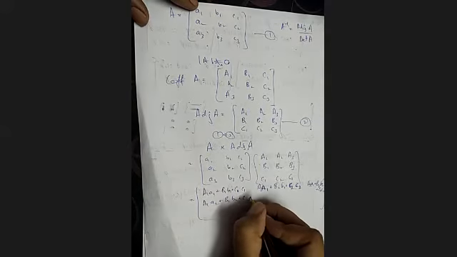Then row into column: capital A3 into A1, capital B3 into B2, capital C3 into C1. Then again rows into columns: A2 into A1, plus capital B1 into B2 plus C2 into C1.